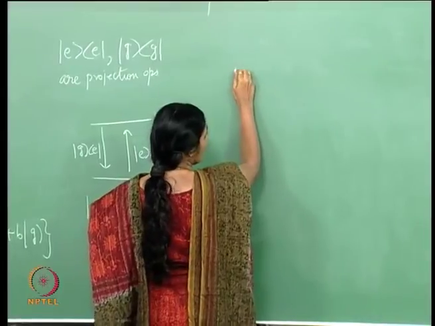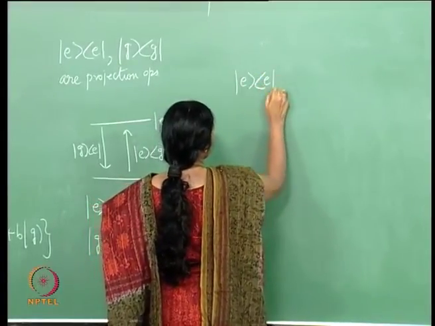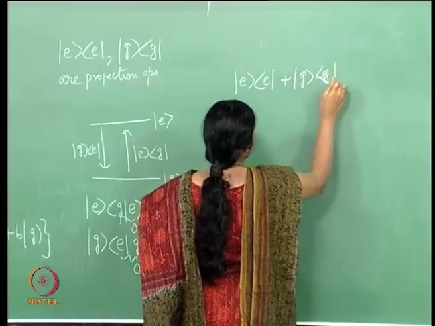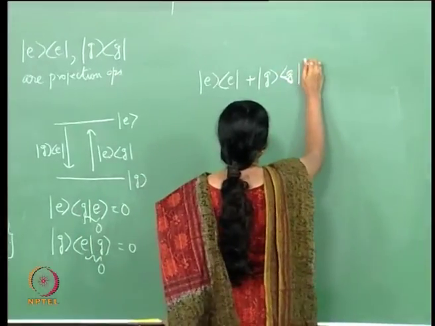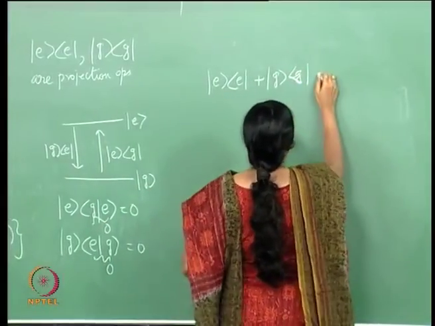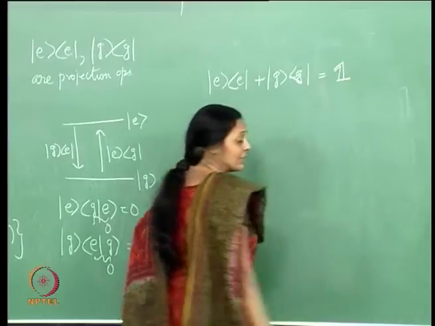Needless to say, if I now consider the operator |e⟩⟨e| plus |g⟩⟨g|, that is simply going to play the role of the identity operator.